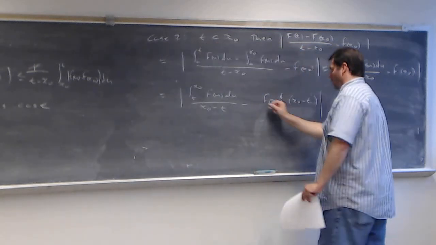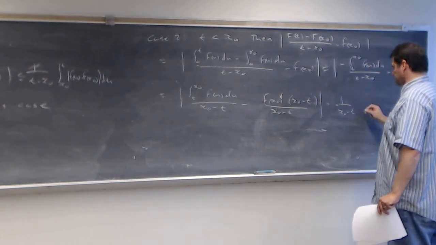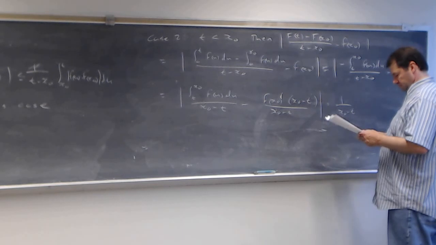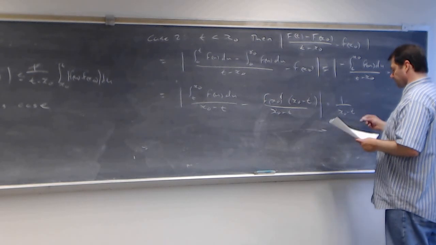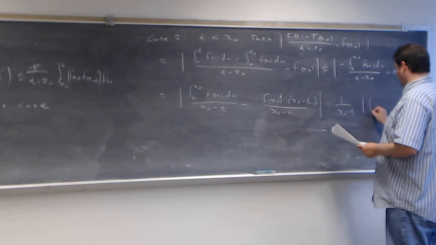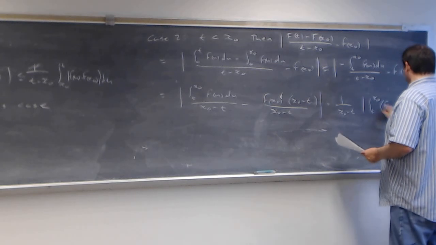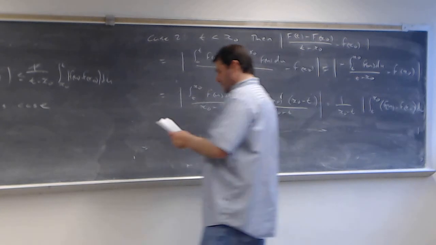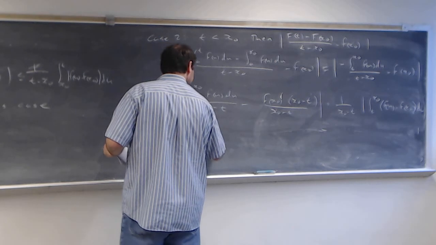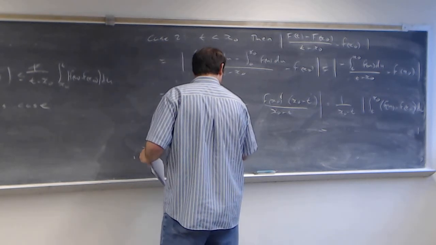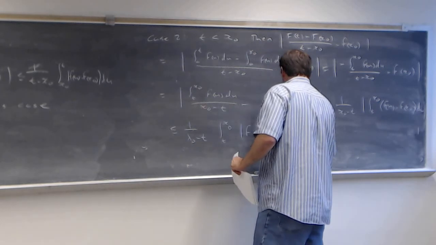Which is equal to 1 over x naught minus t times the absolute value of the integral from t to x naught of f of u minus f of x naught du, which we will say is less than or equal to 1 over x naught minus t times the integral from t to x naught of the absolute value of f of u minus f of x naught du.